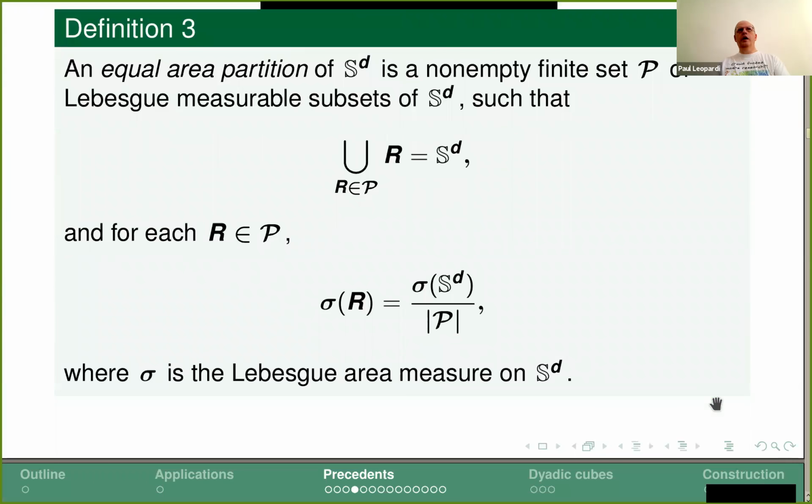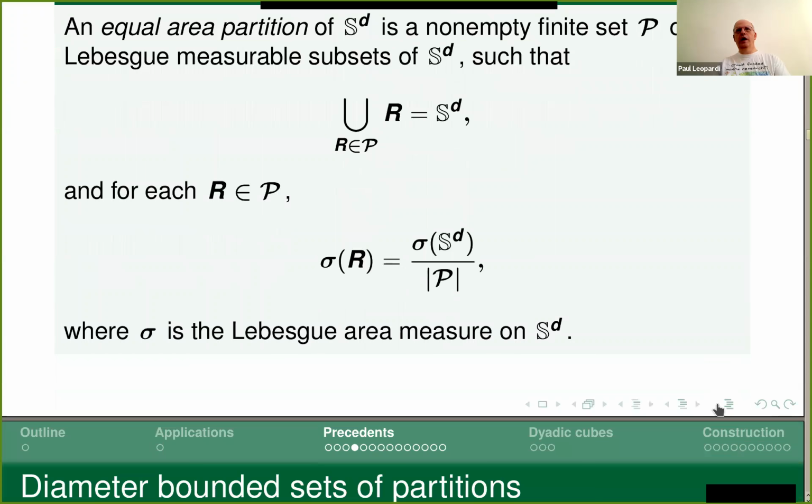And just talk about what we mean by an equal area partition of S^d. So it's a non-empty finite set of Lebesgue measurable subsets that partition the space in exactly the way that you would expect with the Lebesgue measure.